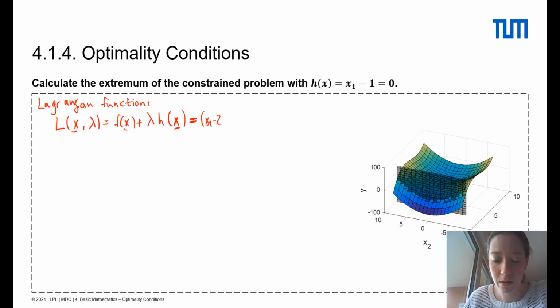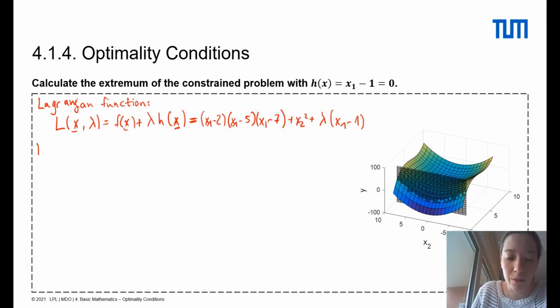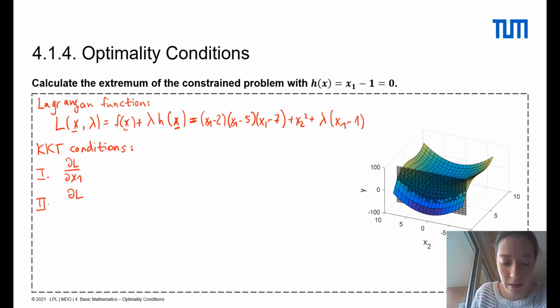So we have f plus lambda times h. To compute the extremum, we use the KKT conditions, which is dL over dx1 and dL over dx2, and thirdly dL over d lambda.